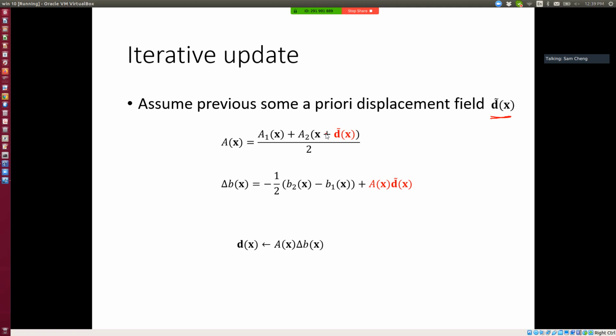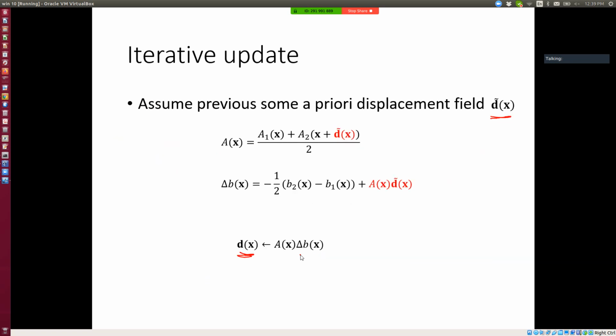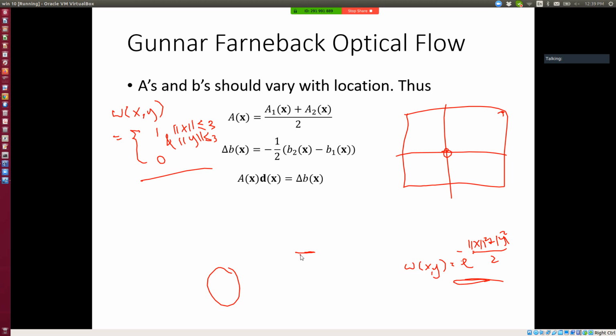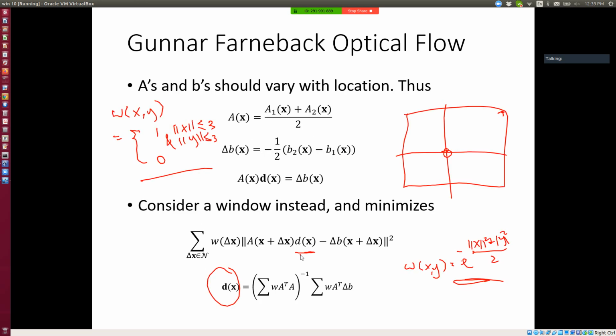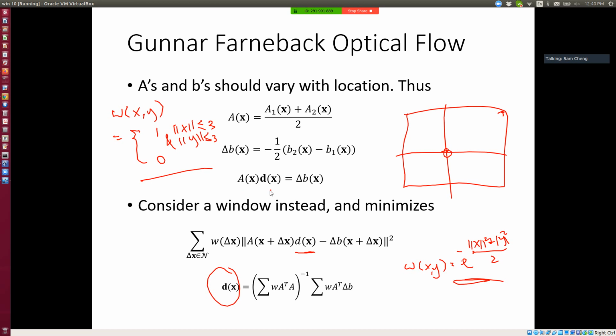And because my D here is actually equal to my delta B here. Wait a sec. Yeah, here actually I'm missing an A inverse or something like that. Because my delta B is equal to, if you remember, this guy here.